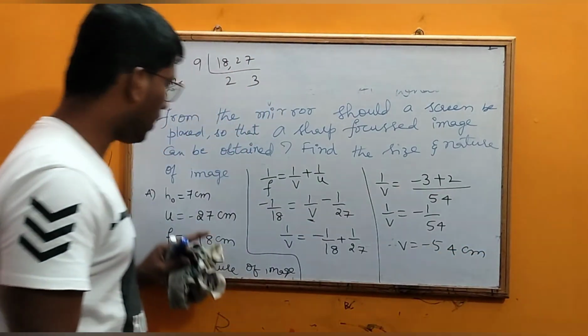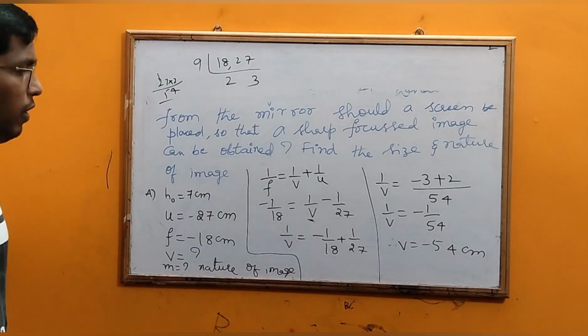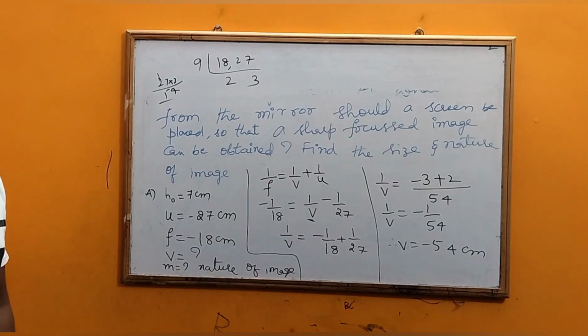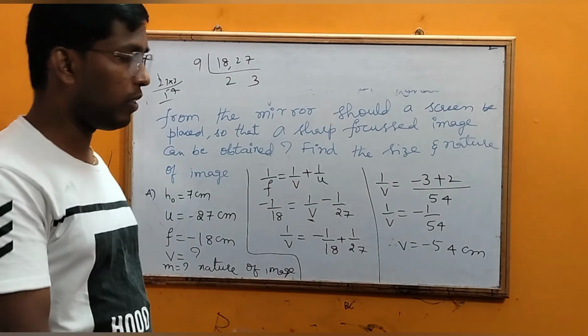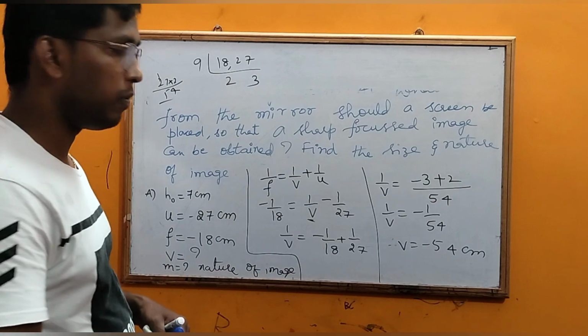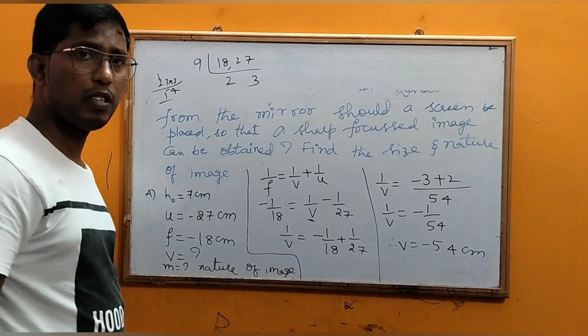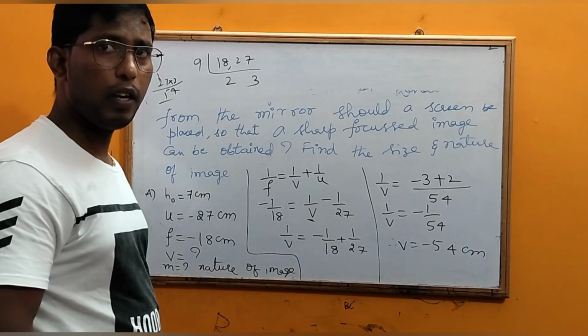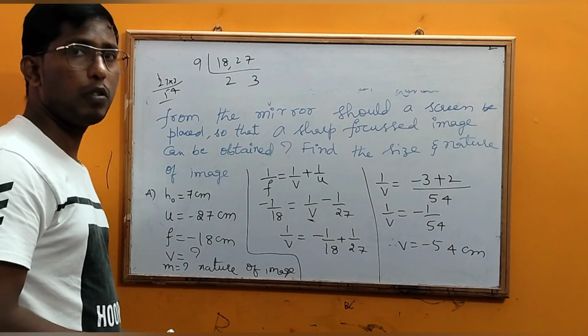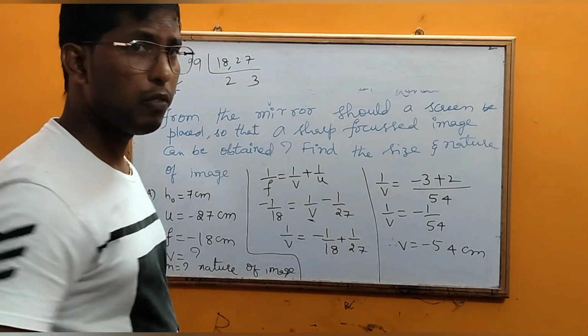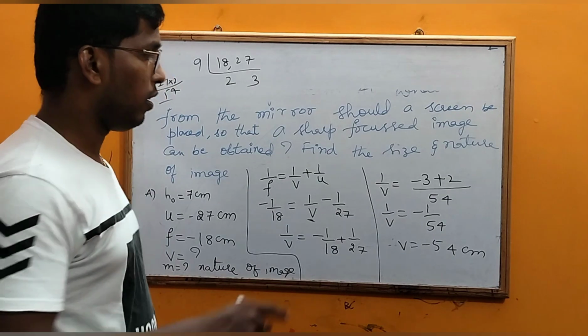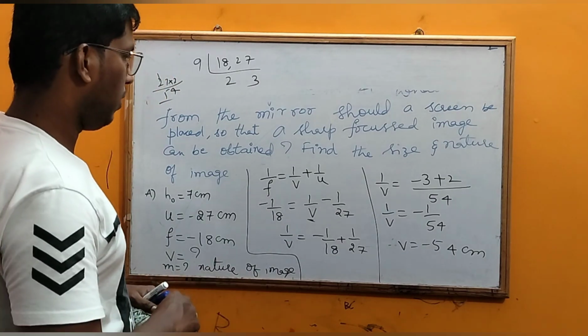So the object distance is minus 27 and v is minus 54 centimeter. As it is a concave mirror, the image distance will be minus. Sometimes it will be positive also, because in one case we will get the virtual image.